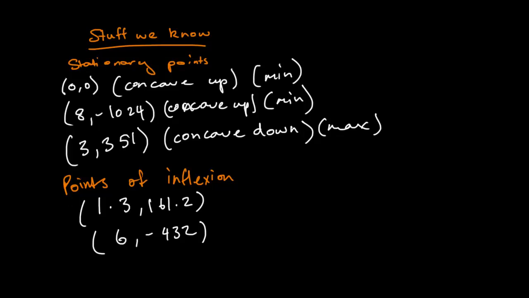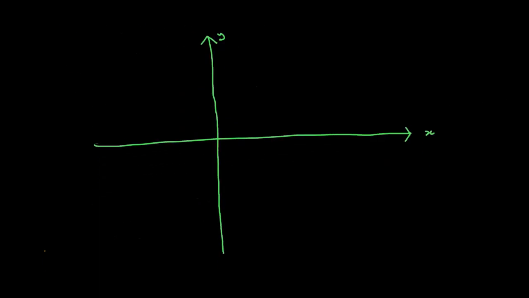So 0, 0, concave up. Now let's have a look. If it's concave up, I'm just going to plot this here. So 0, 0. If it's concave up, you can already draw a little concave up shape, so you know it's concave up. So just draw that out from beforehand. It won't actually matter, and it'll help you actually graph it later on.